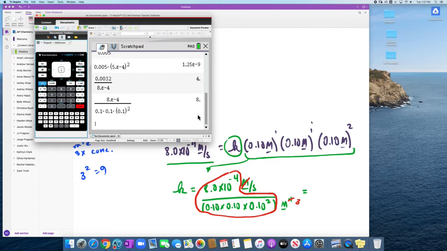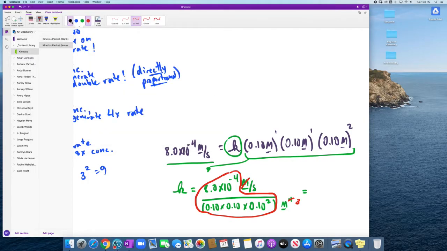And our answer is 8. With two significant figures, 8.0. The units are per second and molarity to the 3rd also in the denominator. So you could say molarity to the -3, seconds to the -1. That would be the value of the rate constant.